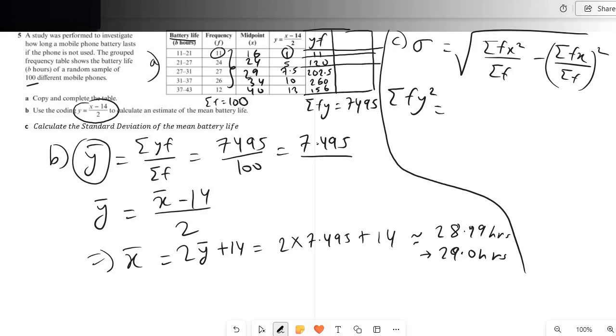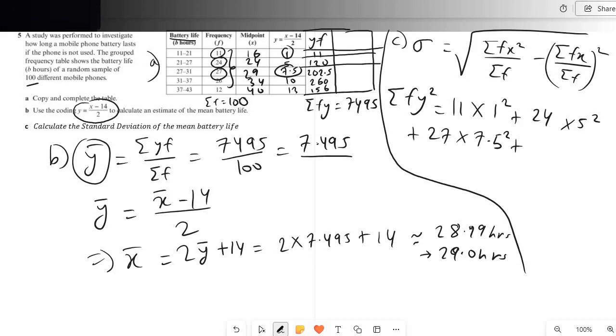So the first one is going to be 11 multiplied with y squared, which is 1 squared. Then we have 24, which is the frequency here, multiplied with its y squared, which is 5 squared, plus 27, the next frequency, multiplied with its corresponding y value, which is 7.5. But since we're doing y squared, it's going to be 7.5 squared.